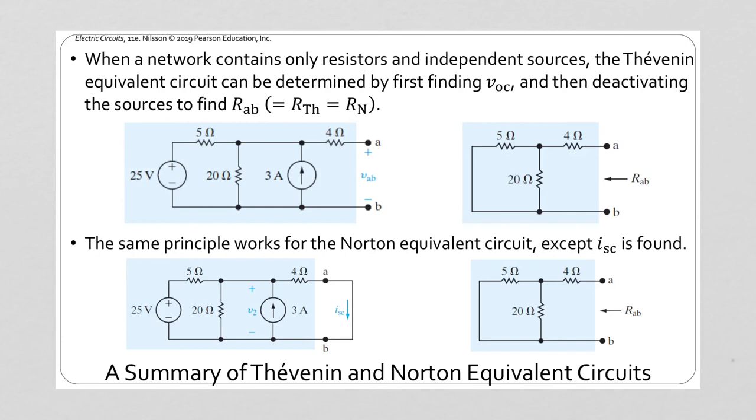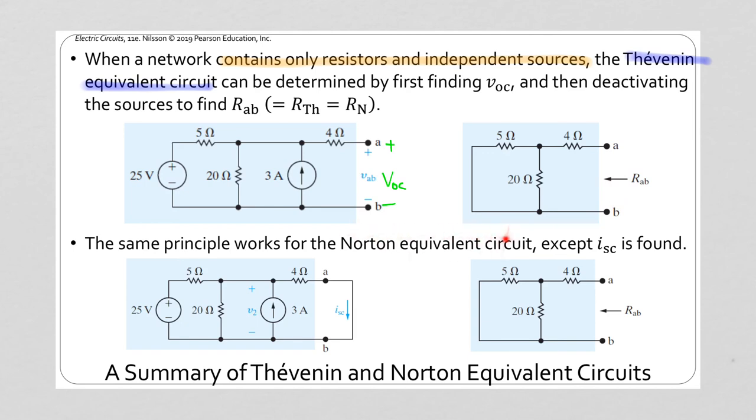If you wish to find the Thévenin equivalent circuit of a network that contains only resistors and independent sources, then the Thévenin equivalent circuit can be found by finding the open circuit voltage and then eliminating all of the sources and finding the equivalent resistance as seen from the terminals.